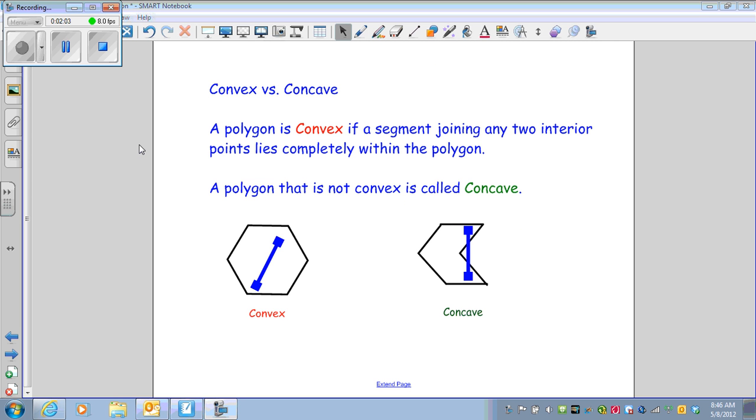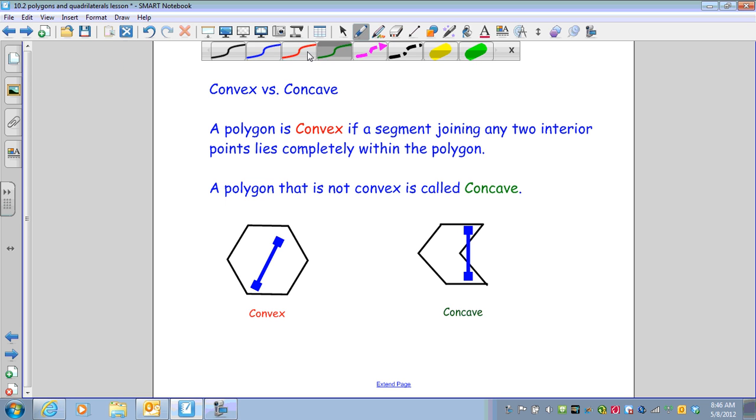There's also 2 other vocabulary words we'll have to use in this section. It's convex and concave. So you may have used these before, but a polygon is considered convex if a segment joining any 2 interior points, so anywhere within an object from 2 different points, lies completely within the polygon.